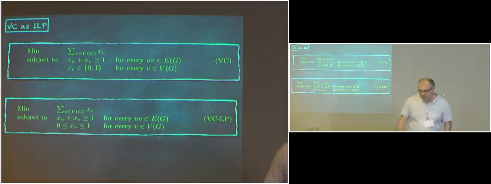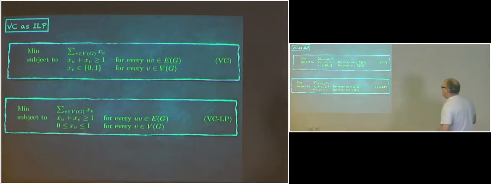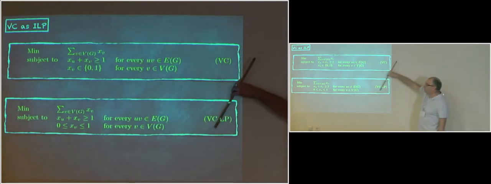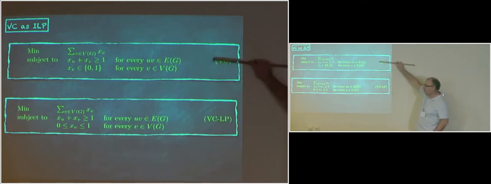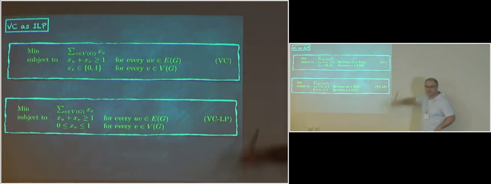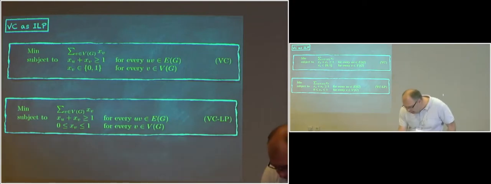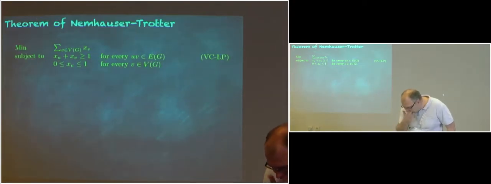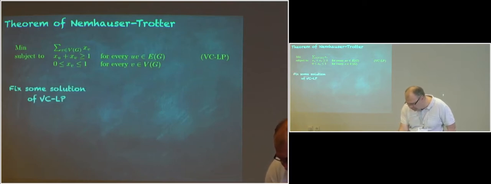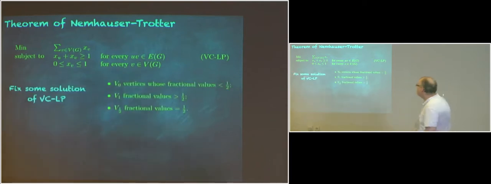And let's see what we can extract from this and what we can say about vertex cover just by looking at the linear program. The classical result about this integer program of vertex cover is the following theorem of Nemhauser-Trotter.